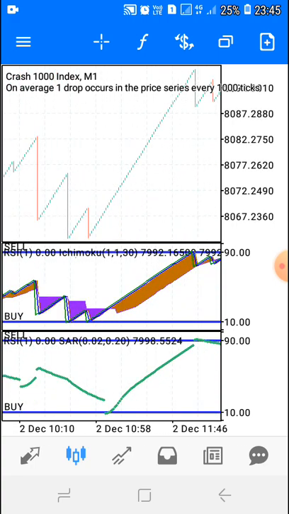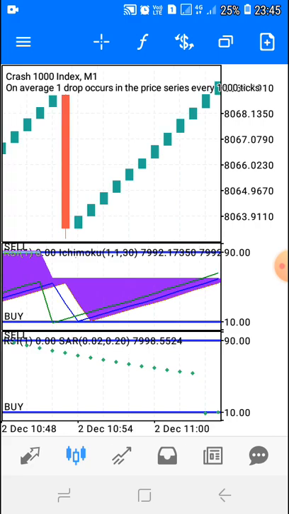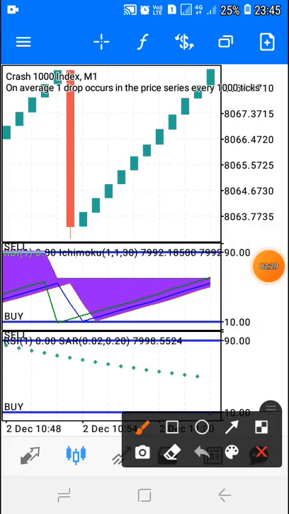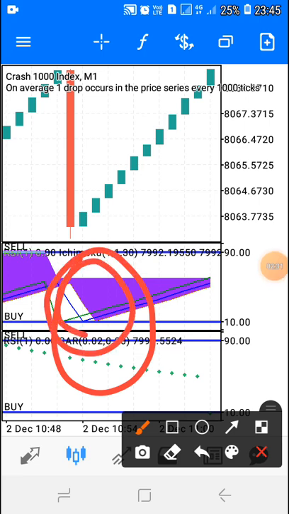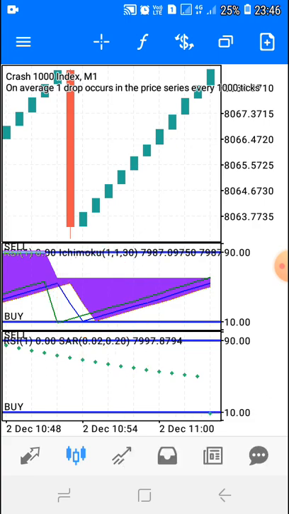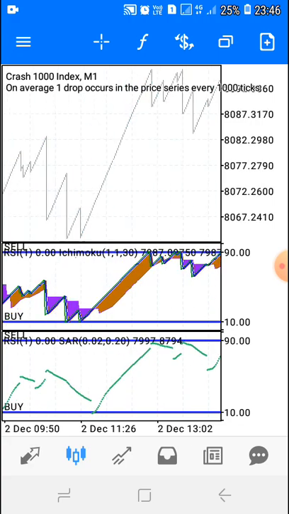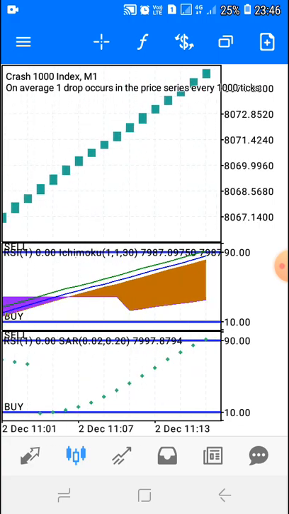Now let's just look for a nice entry. Okay, so over here, we can actually see that the Ichimoku, over here, okay, it doesn't move, right? So what it basically means is that, okay, that's an entry, but we do not enter when it's purple. We wait patiently for it to turn brown, right?